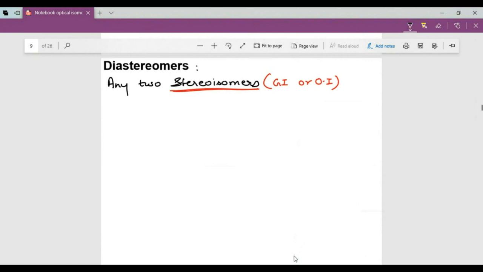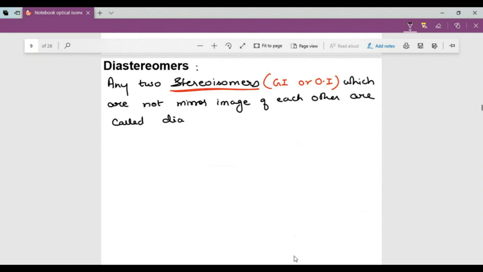So any two stereoisomers which are not mirror images of each other are called diastereomers.